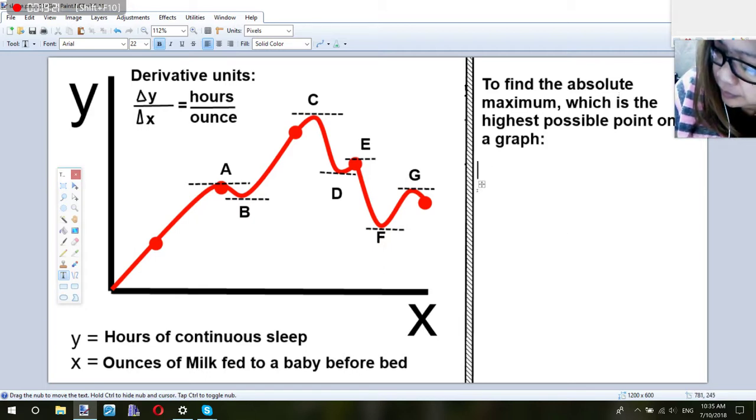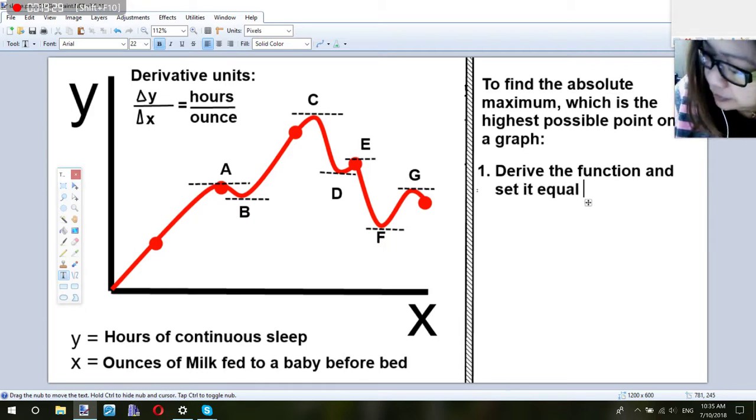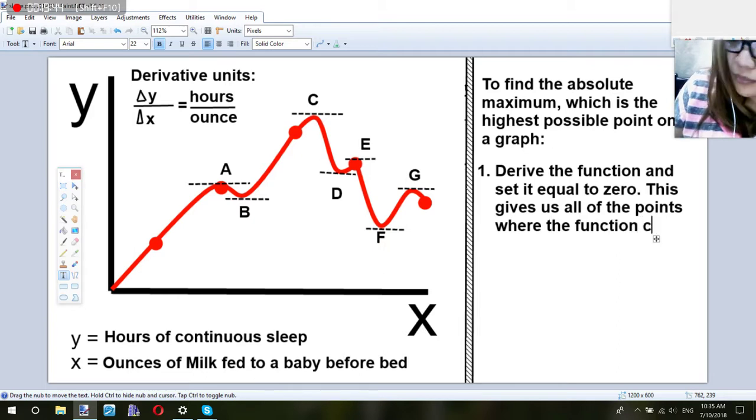Okay, so number 1, derive the function and set it equal to 0. So this gives us all of the points where the function changes direction. So that gave us A, B, C, D, E, F, G.